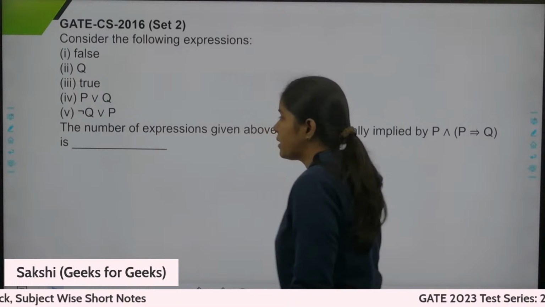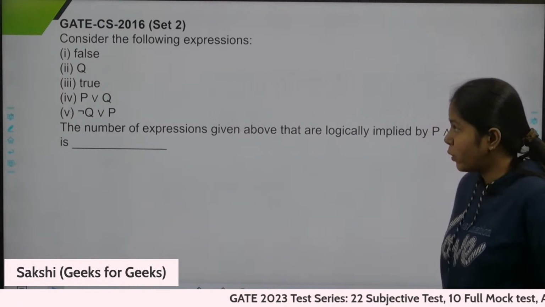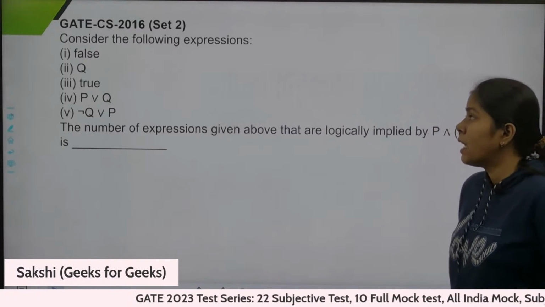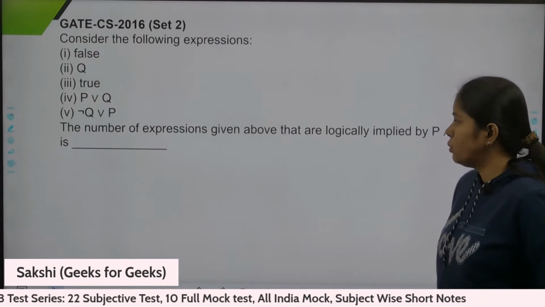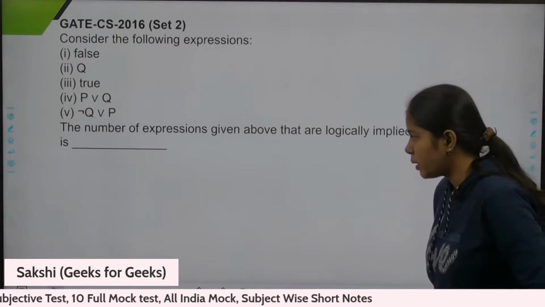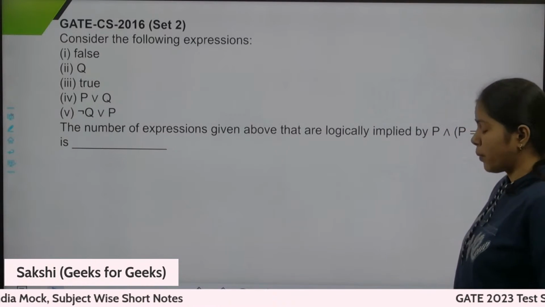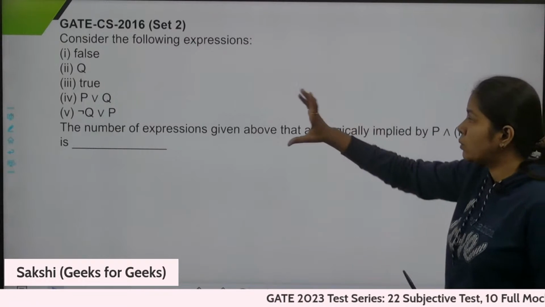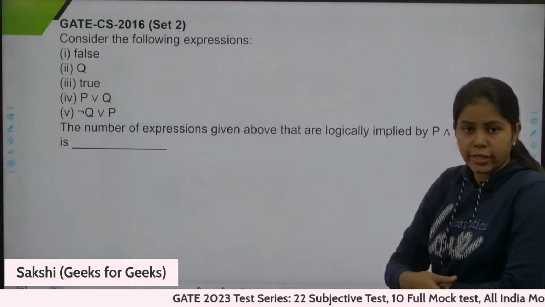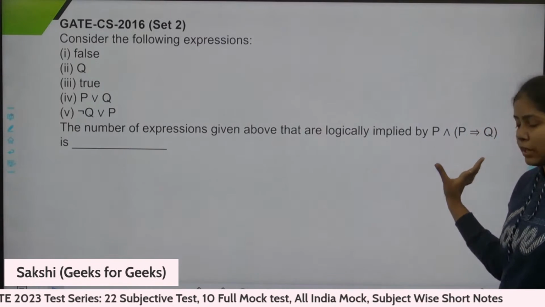Yeah, so guys, try this once and let me know what the answer will be here. What is this question? It says: consider the following expressions: false, q, true, p or q, negation q or p. The number of expressions given above that are logically implied by p and p implication q. So that means we have to find out, out of these five expressions, how many are logically implied by this statement.